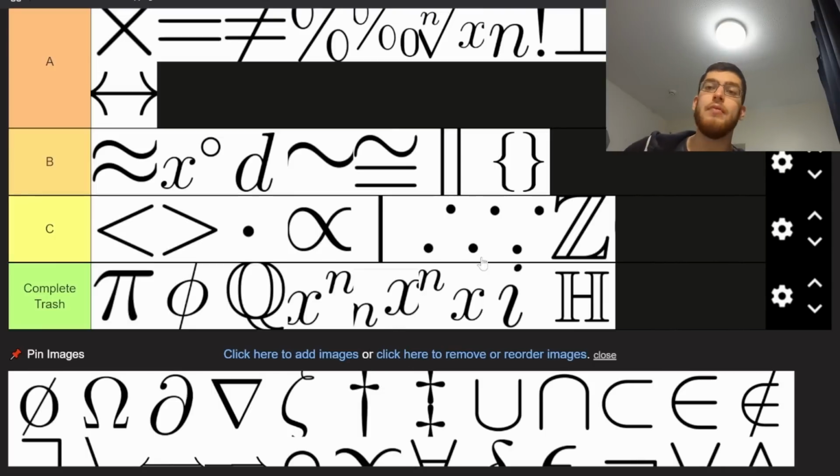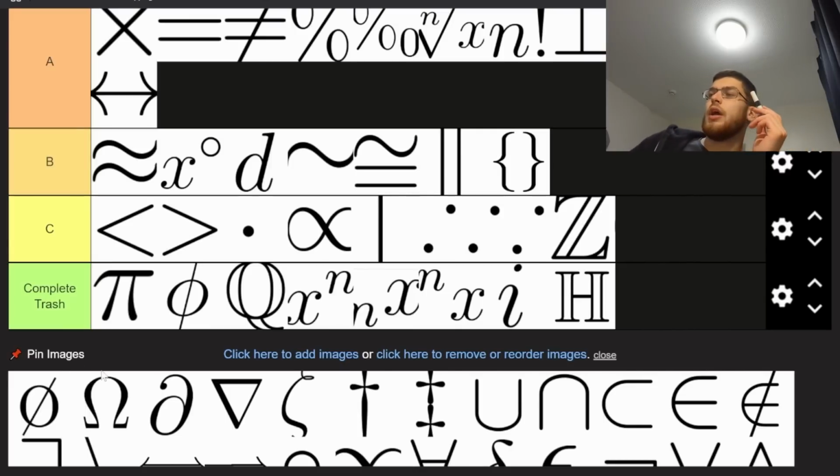I mean, they should hire me at like some mathematical institute just to sort all this out because honestly, it's becoming a mess, and we need to do something about it before it just becomes like a jumbled mess. And then when the aliens come and invade Earth, they're not going to understand all these symbols because they're going to look at them and they're going to think, why did they pick that symbol? It makes no sense.